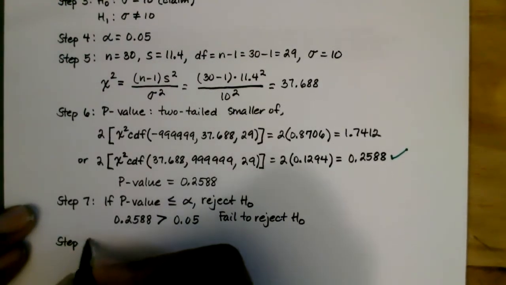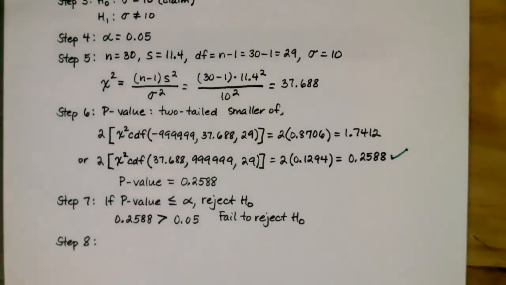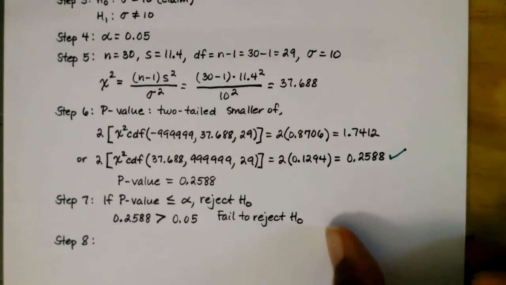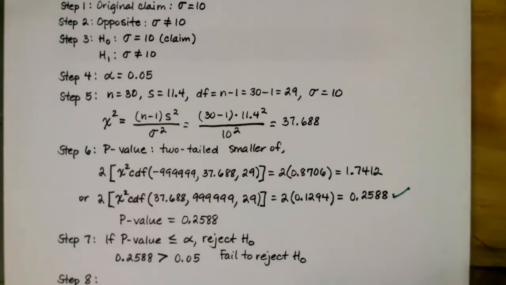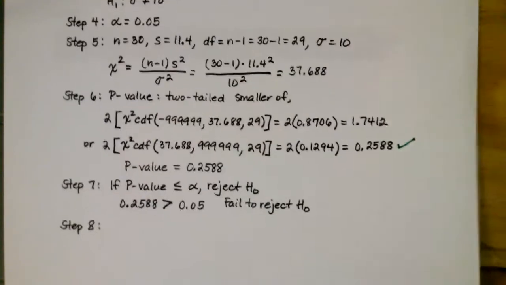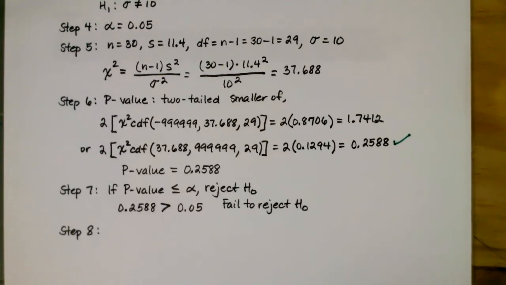And then finally, step number 8 is my conclusion. Well, the claim was the null hypothesis from step number 3, and I failed to reject that claim. That's because the null hypothesis was a claim, and I failed to reject the null hypothesis.